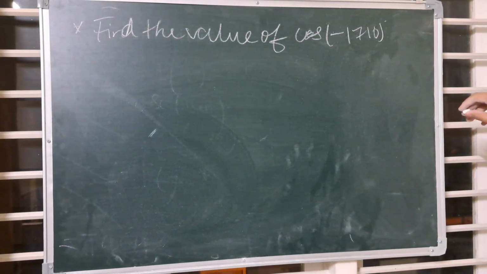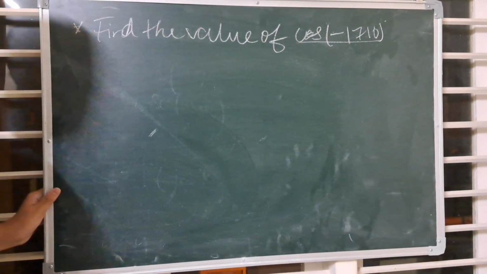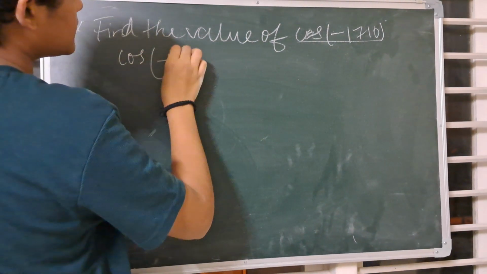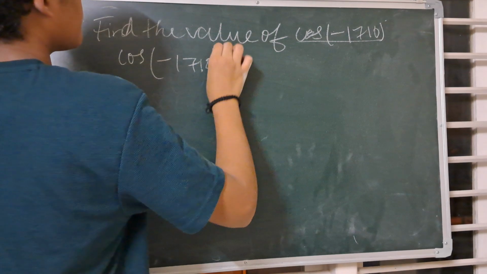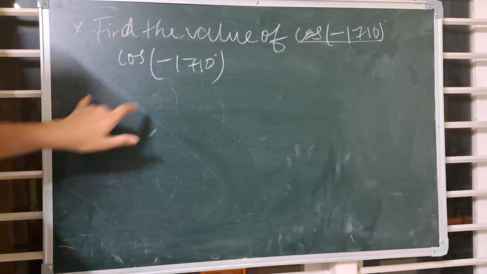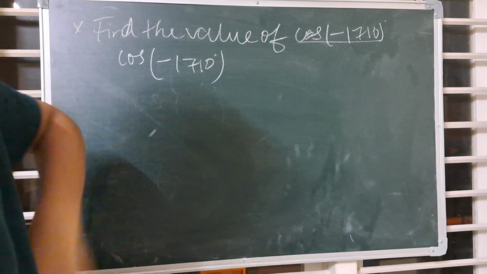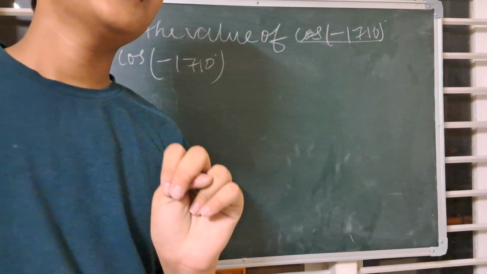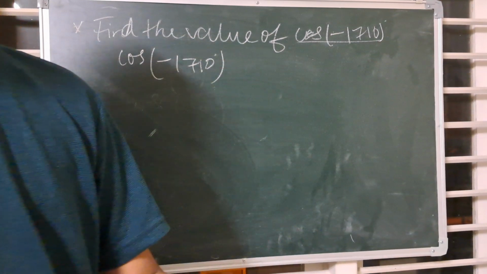First we should divide this 1710 by 360. But before that, for cos of minus theta, I told you there are 2 exceptions in the minus theta formulas. The 2 exceptions are cos and secant.